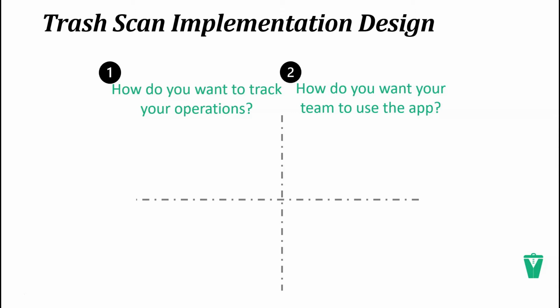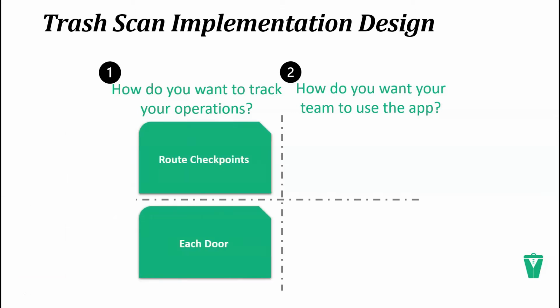The initial design was built to track waste collection services for each door in the community. While there are some benefits in tracking this way, we found that many clients have different objectives. For some of you, having a paper trail that you and your team were in the proximity of the resident's door may be sufficient.